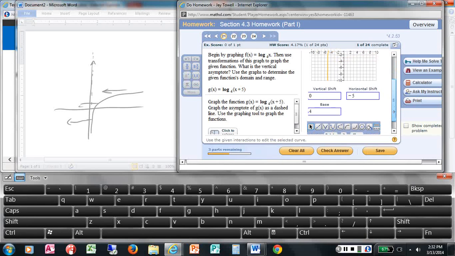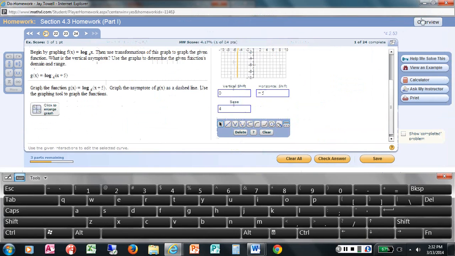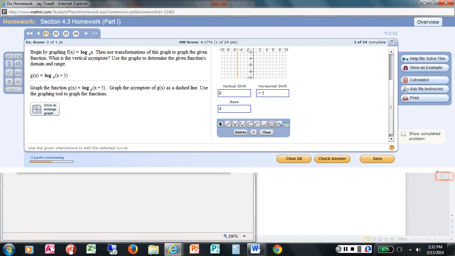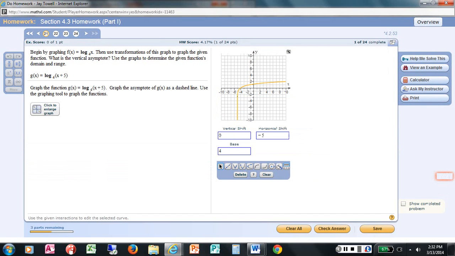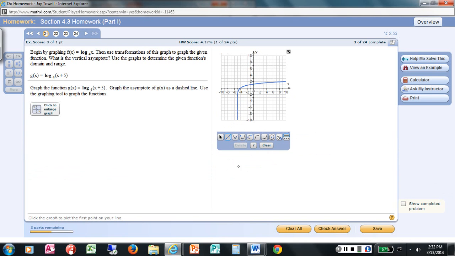And then, of course, the other thing is I want to put in the vertical asymptote. Well, to do that, get rid of that. That is just a straight line. I'm going to draw a vertical line there. And we want to use a dotted line, dashed line, for that. So I hit the dashed line button there.